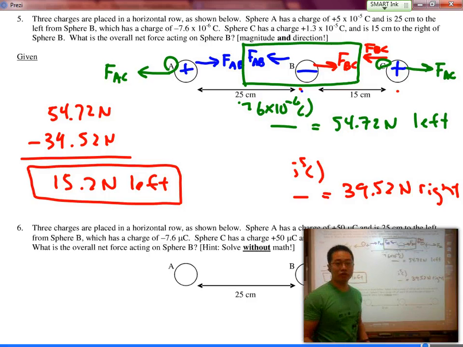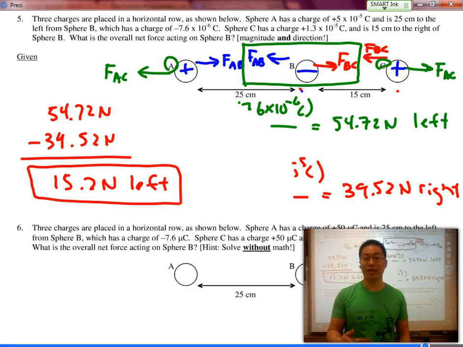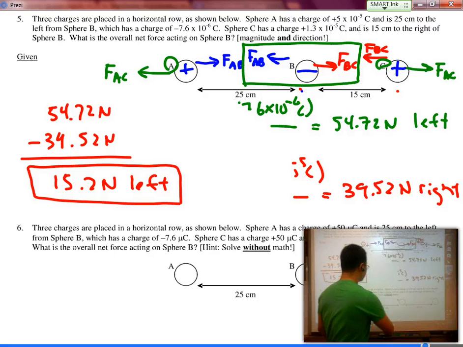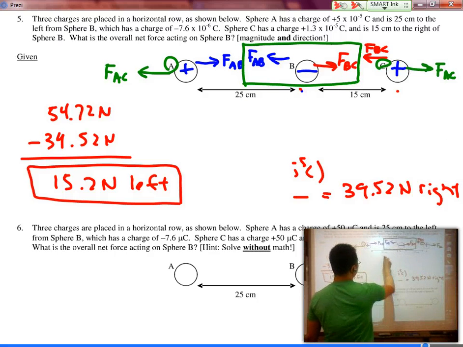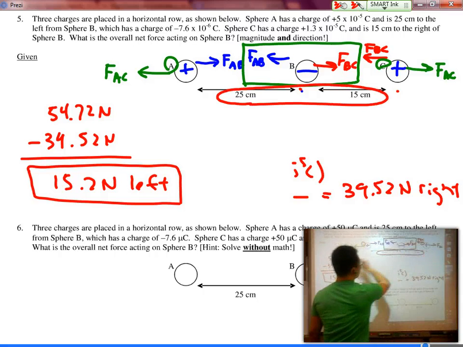If we had wanted to solve for the force between spheres A and C, in that case, we would have just used the total combined distance of 40 centimeters.